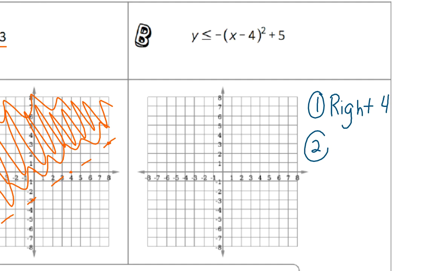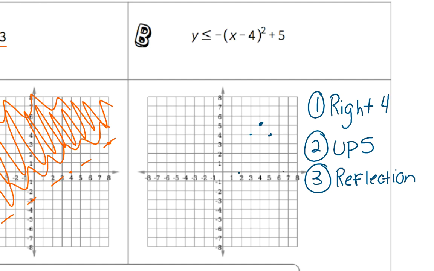The second thing I know is that it has a shift up 5. That means that I have my vertex at (4, 5) on my graph. The other thing I see is that negative out in front, which means it has a reflection across, so from there it is going downward. So it looks something like this.